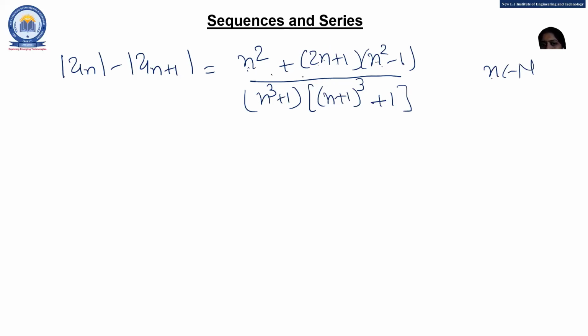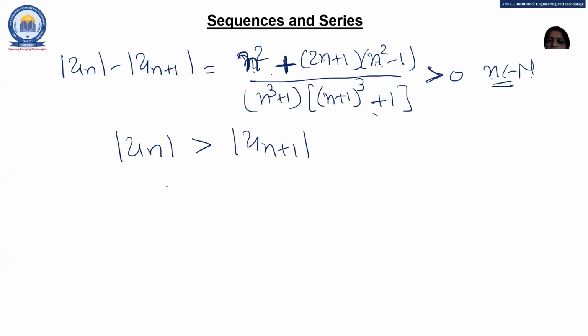So finally, the denominator is greater than 0, and the numerator is also greater than 0 for all n belonging to N. For any n, this answer will be positive only, so your first condition is satisfied: |Un| is greater than |Un+1|.